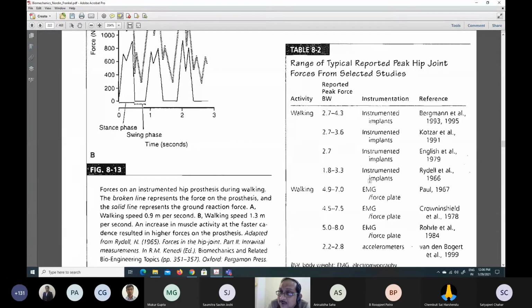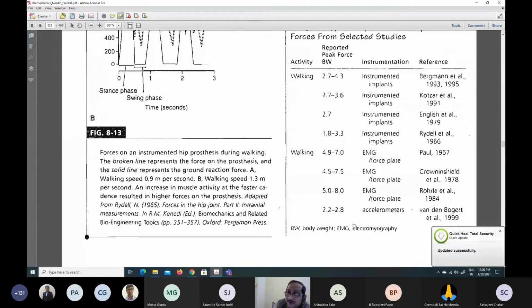If somebody asks you, you can say it is around 2.5 times the body weight, for normal walking and stair climbing, remember. This is very important information. So 2.5 times the body weight is no joke.